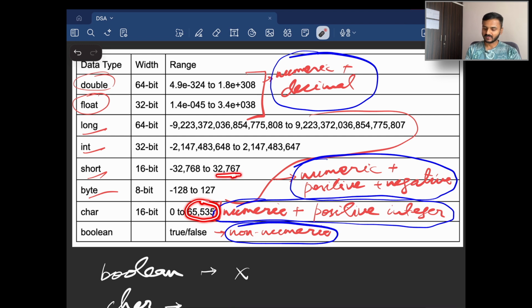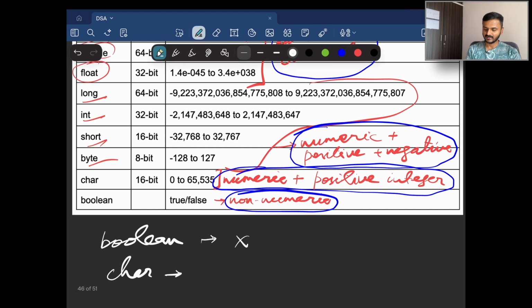No, because of the same reason, and that is the maximum value that short can hold is 32,767, which is less than the value that I have in the char variable. Now, can I hold 65,535 in int? Yes, because the maximum value that int can hold is way larger than what I have in the char variable. And the same thing applies to long, right?